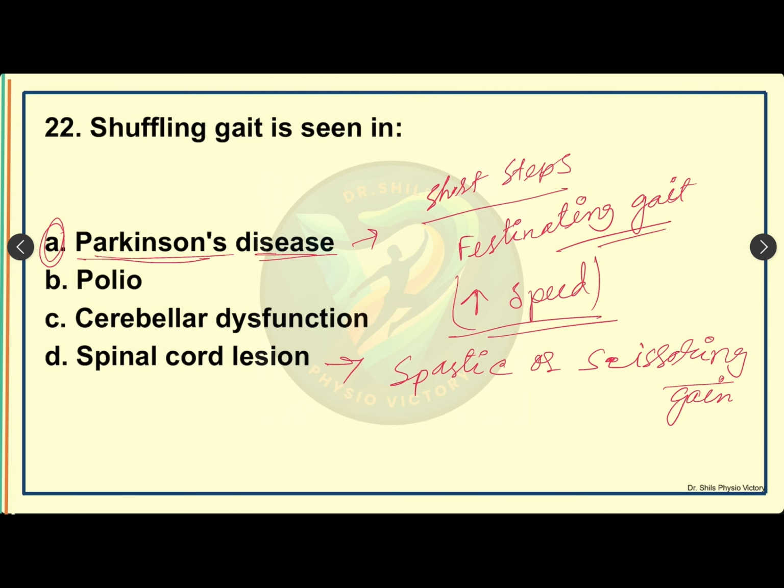Cerebellar dysfunction leads to ataxic gait, and polio usually causes muscle weakness. Generally, if quadriceps muscle weakness or paralysis is present, we can see hand to knee gait in polio.